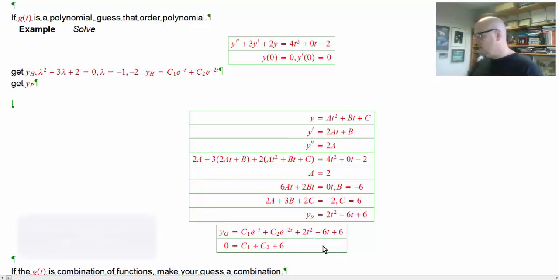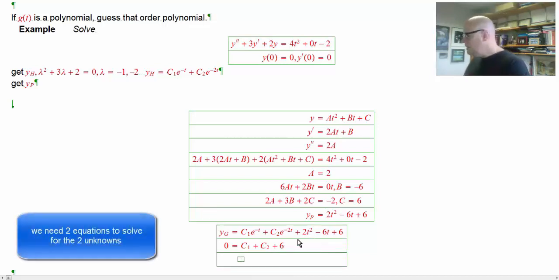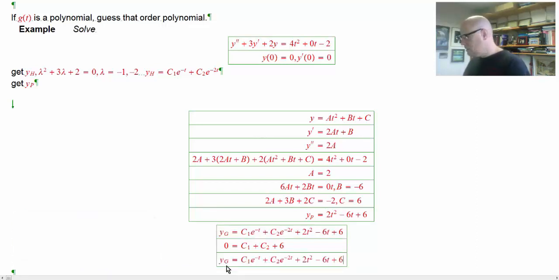I get one equation. Now let's get the next equation. I'm differentiating the function because I need to sub in the second condition. The minus 1 would come down, the minus 2 would come down, and this would become a 4t minus 6.